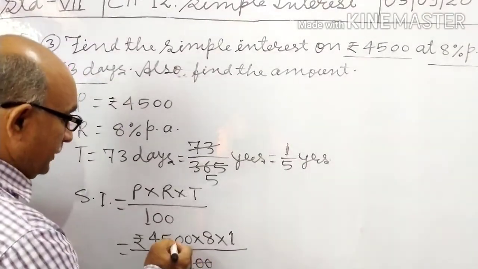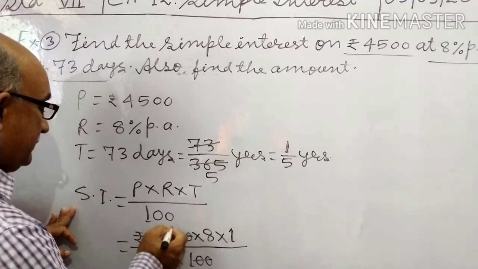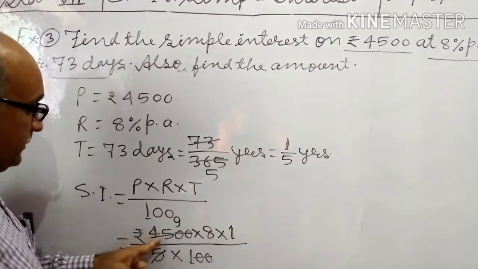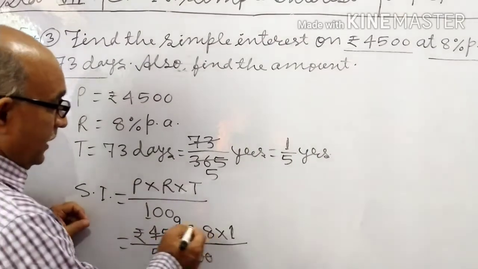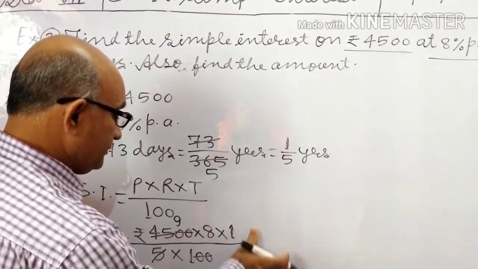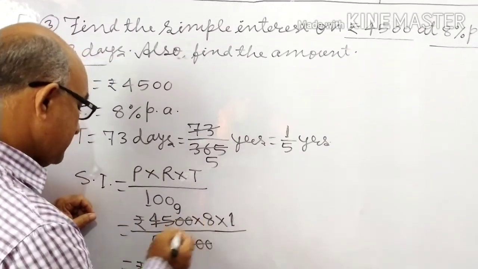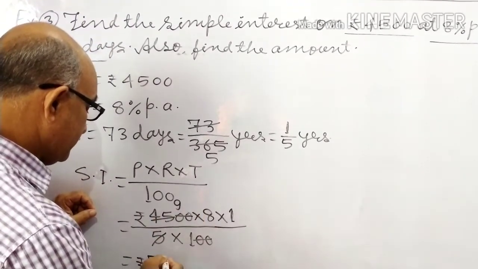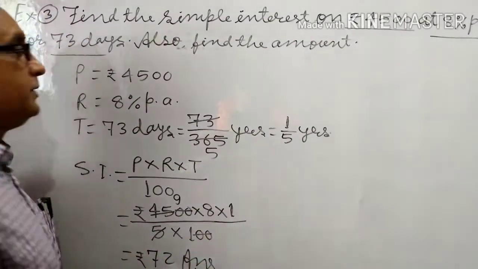So 00 and 00 cancel. 5 nines are 45, and 9 eights are 72. Simple interest is 72 rupees.